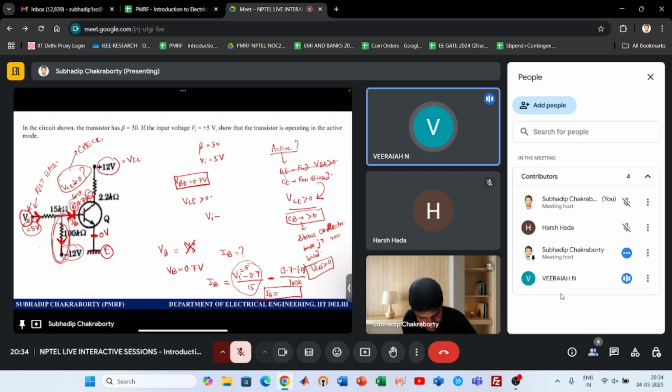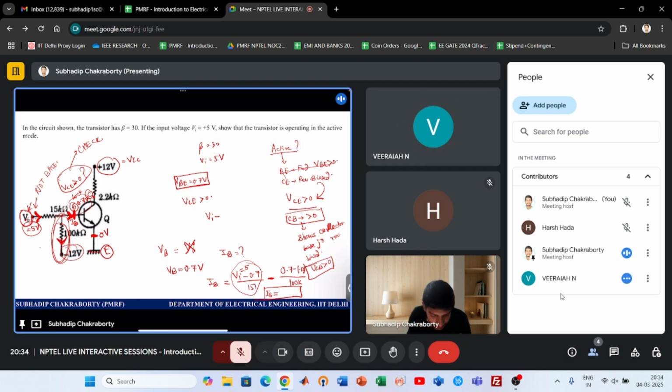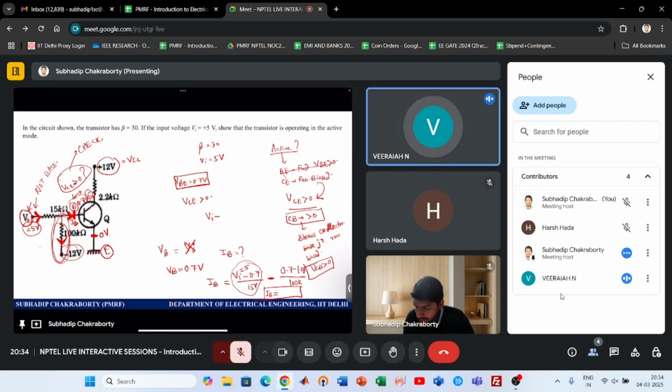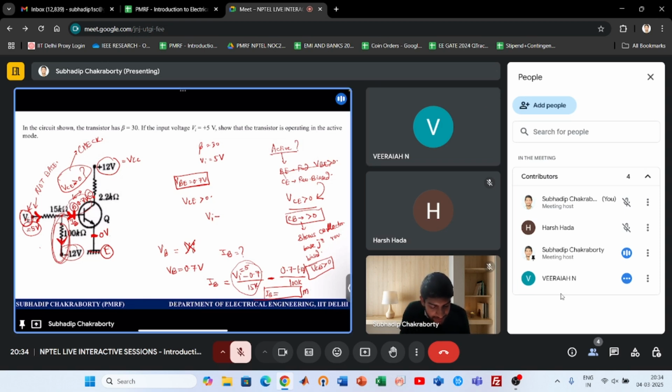Sir, I told, this is 15 kilo, right? Sorry, 15 kilo. 0.28. 5 minus 0.7 divided by 15 is 0.28 milliamps. Or what you can do, everything you can calculate in milli. Forget about the kilo, right?